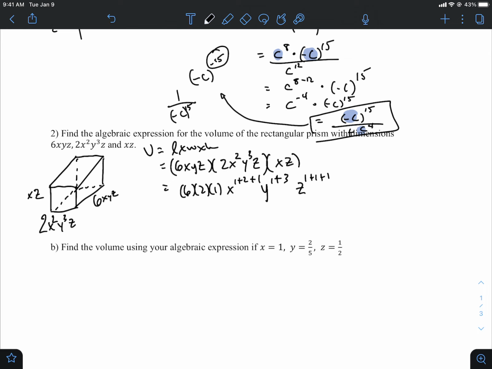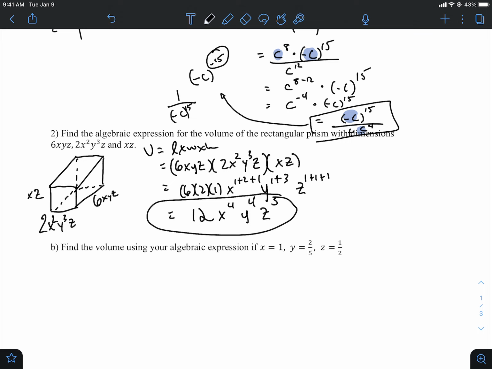Did we agree with what I got there? So 6 times 2 times 1 is 12. X to the 1 plus 2 plus 1 is 4. Y 4. Z cubed. I would say that's the final algebraic expression that represents the volume of that prism.